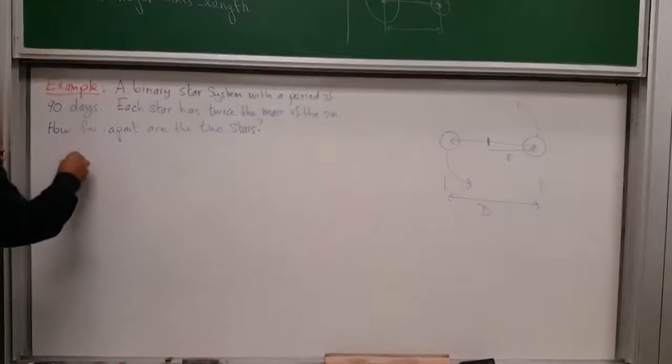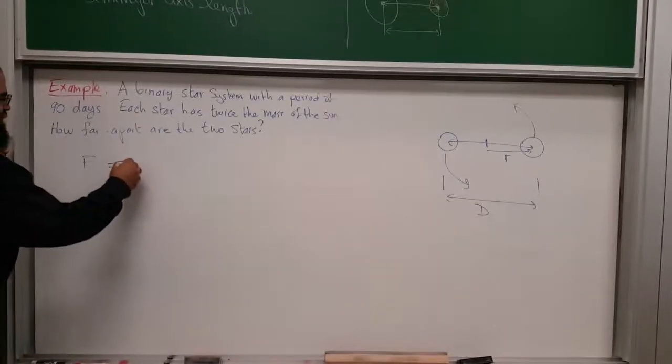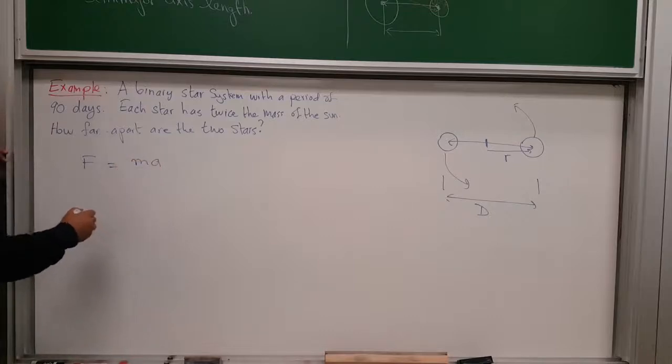And so we say that the net force on one object will equal the mass of the object times its own acceleration. The force on it is G times the first mass times the second mass. Each of them has a mass m, so just m, divided by the separation between them squared. The separation between them is D, capital D.